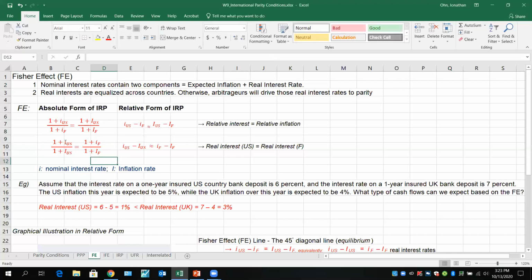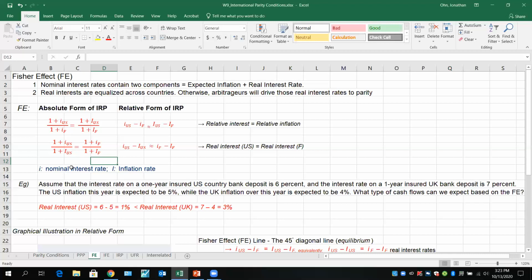It is 1 plus the nominal interest rate, divided by 1 plus the inflation rate. That is exactly the real interest rate, once you subtract 1.